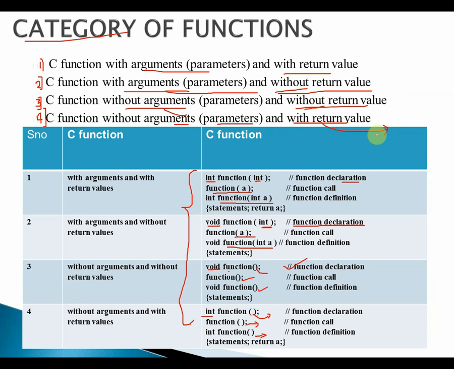So these are the 4 types or categories of writing functions. Now which one you would want to use depends on the type of application you are writing or type of situation you are in. You can use either one of these. These are the 4 allowed ways in C language.